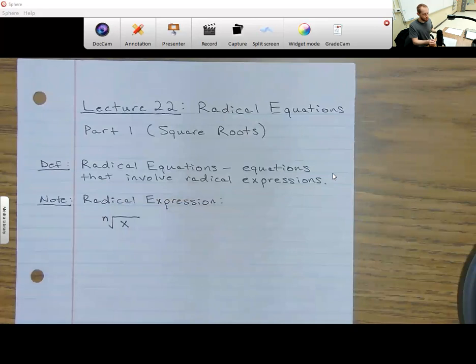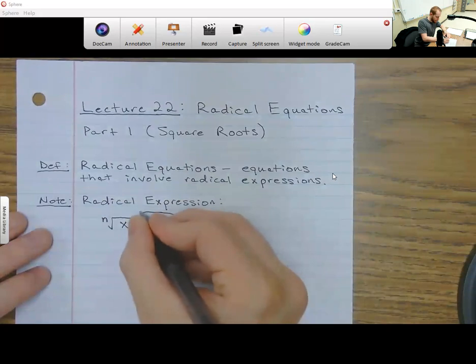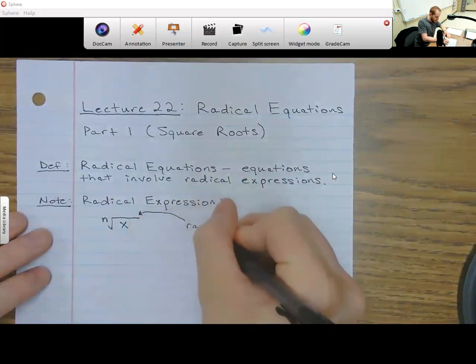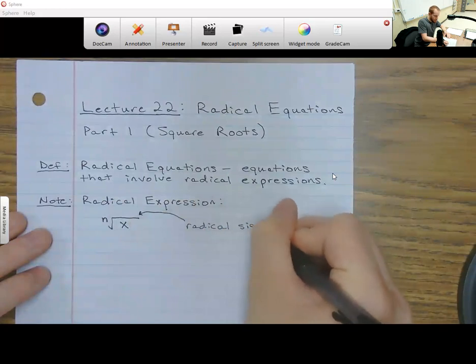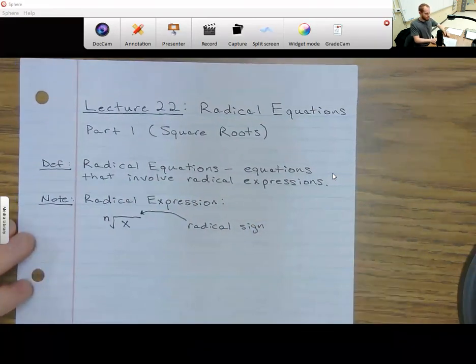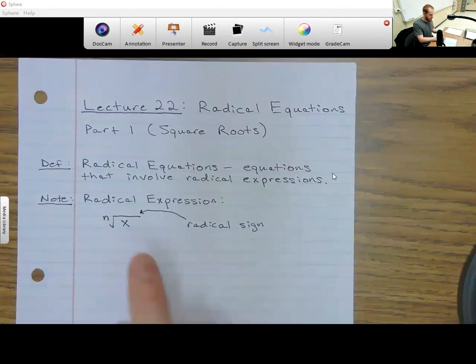So this is the nth root of x, and typically a radical expression always has 3 components. The first component is the radical sign. That's the radical sign. And inside the radical sign, you have what's called your radicand.